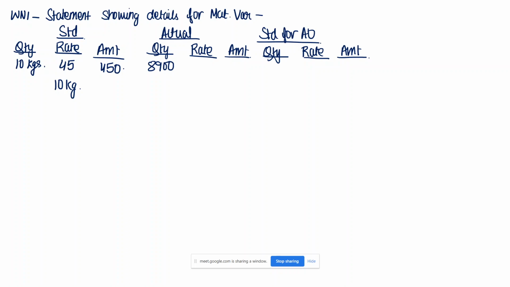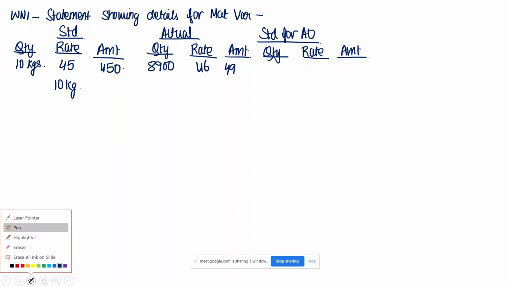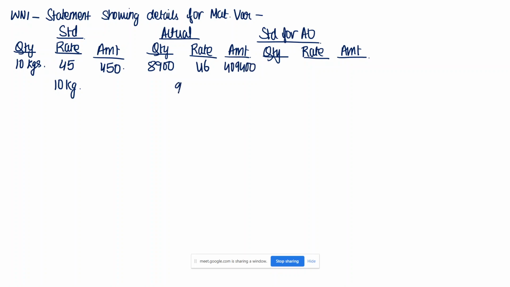See the last table, right? One second. Yes, 8,900. At what rate? At 46 rupees. So that is equal to 4,09,400. This is for 9,000 kgs.